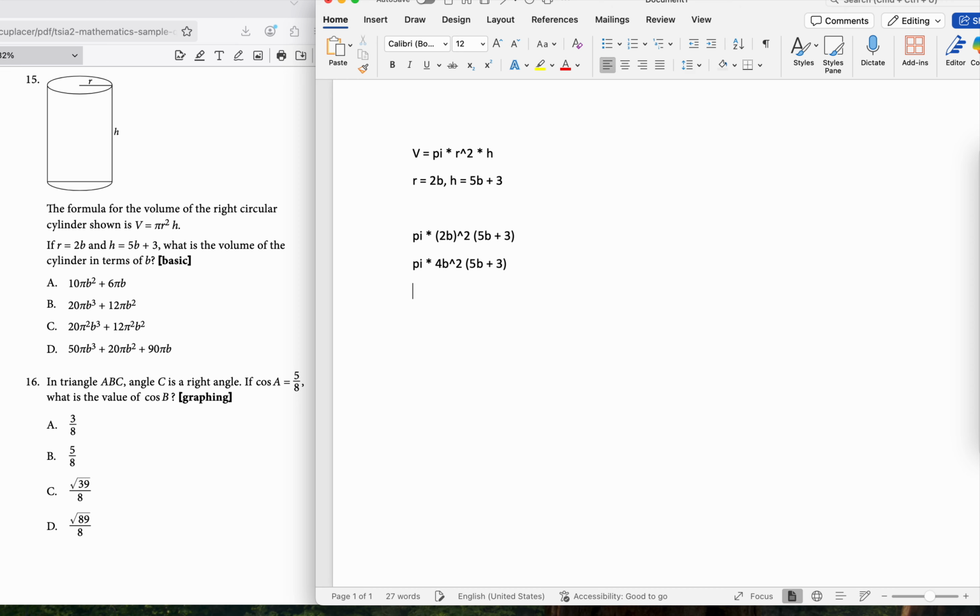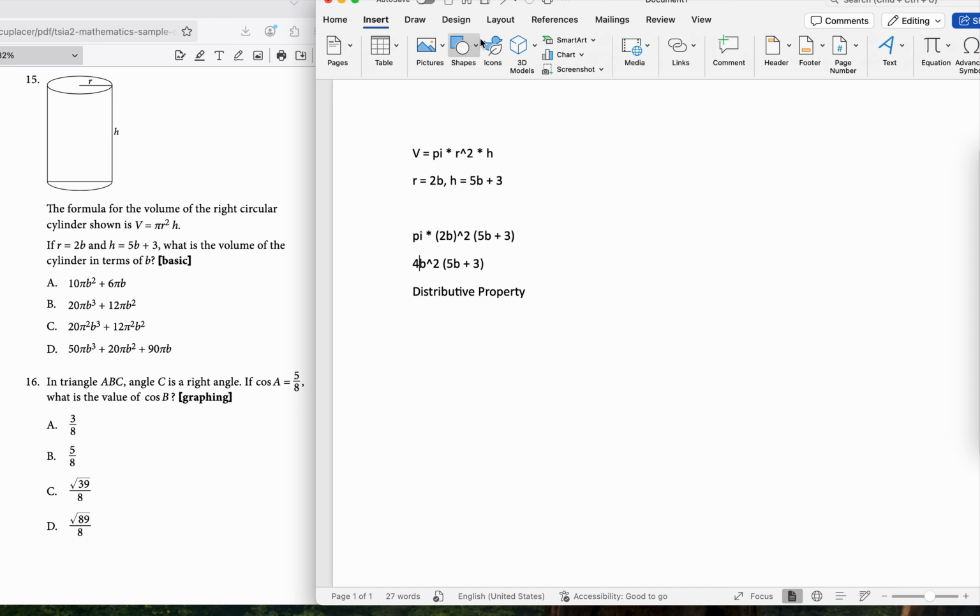So we want to use distributive property. And so distributive property is taking this piece here and multiplying it by this. Well, I know pi is just a number, so couldn't I stick the pi here? Let's see.